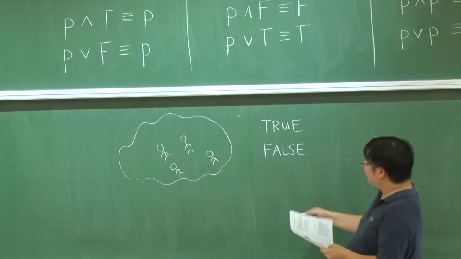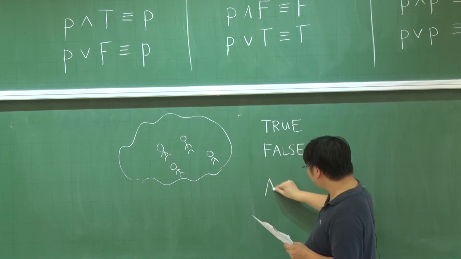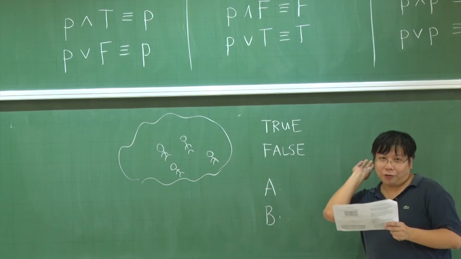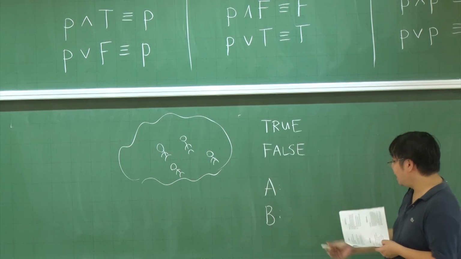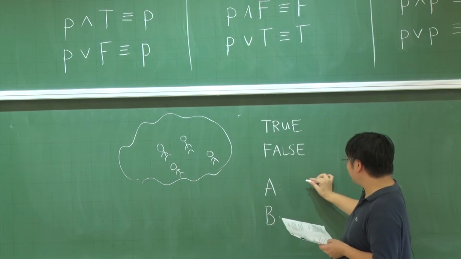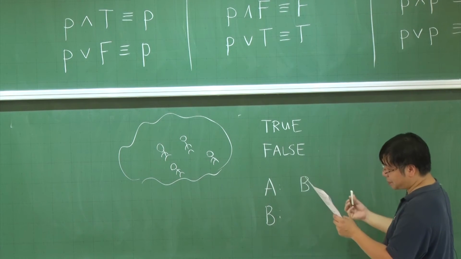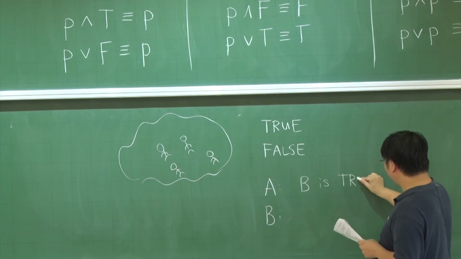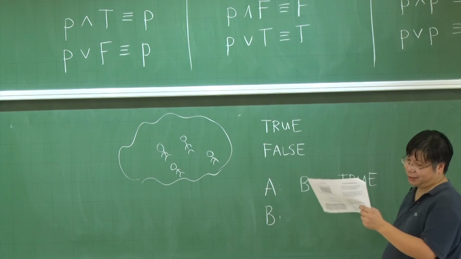Okay, now somehow you meet two persons, let's call them A and B. And then you overhear their conversation. A says B is a true person.